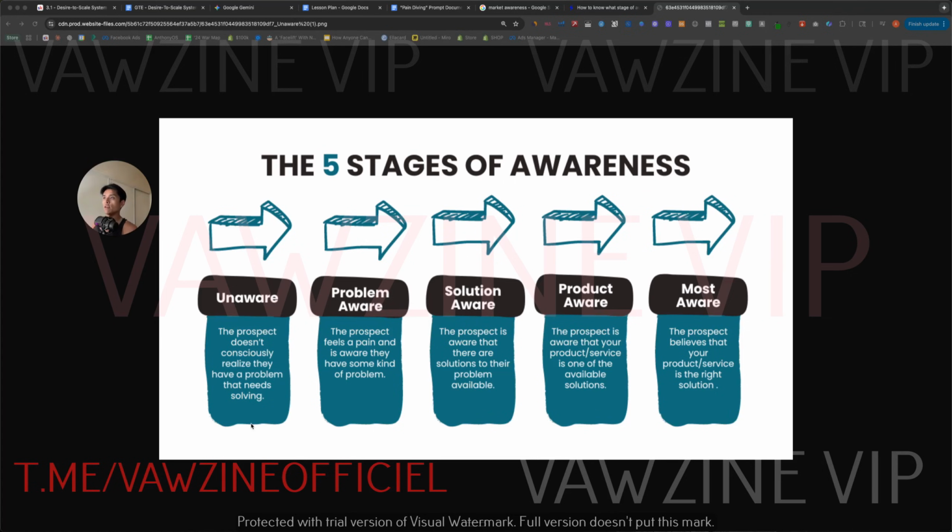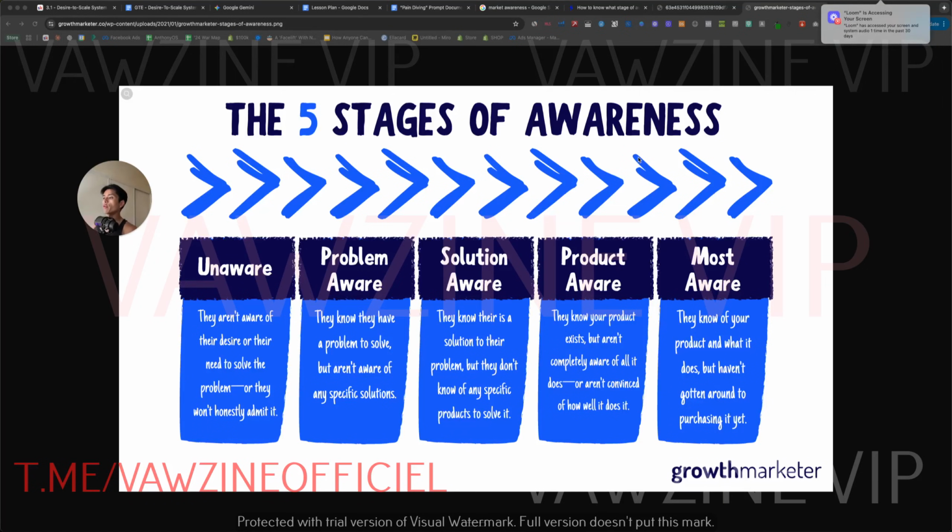So they're almost evaluating different products at this stage. Another way to think of it is that they know your product exists, they know what a testosterone supplement is, but they aren't completely aware of all that it does, or aren't convinced yet of how well it does it.